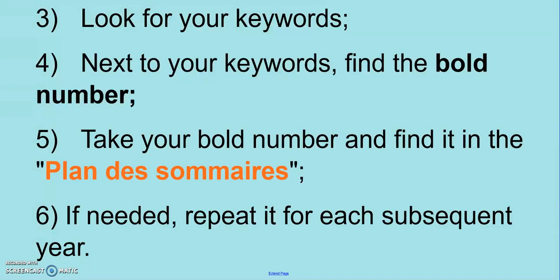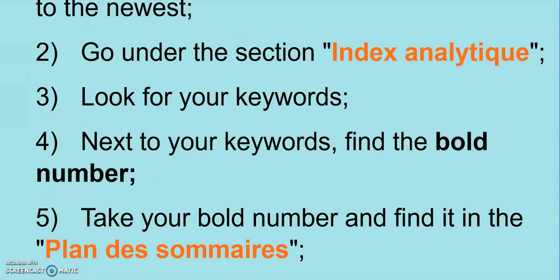So in the instance of driving while impaired, for 1998, 99, and 2000, you would repeat the same steps for 1999 and the year 2000. So remember, we start in our Index Analytique, we look for our keywords.